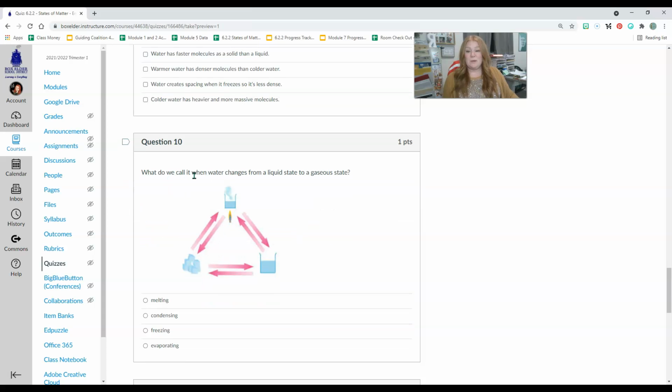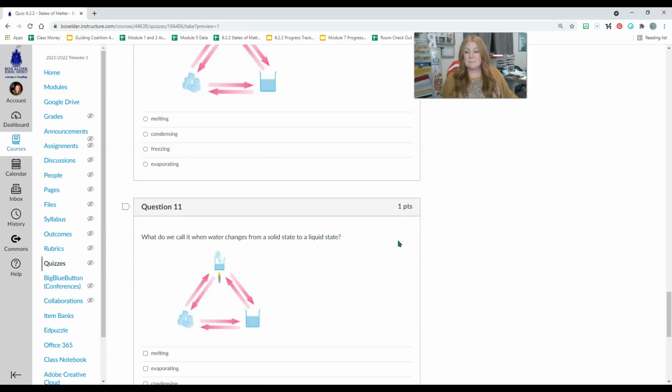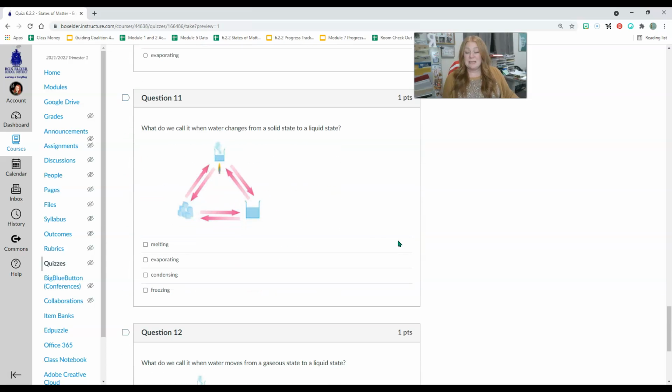Number 10, what do we call it when water changes from a liquid to a gas? Melting, condensing, freezing, evaporating. Number 11, what do we call it when water changes from a solid to a liquid?